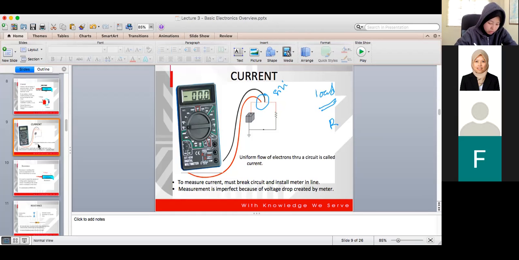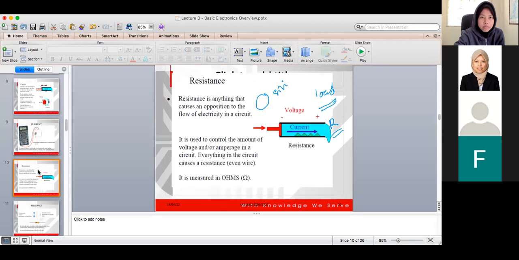So voltage yang melalui circuit tersebut akan drop sedikit. Okay? Sebab kita letak another load inside the circuit to measure the current. Okay? So kita tengok contoh kejap lagi pengiraan macam mana kita account for the resistance inside the circuit due to the component.